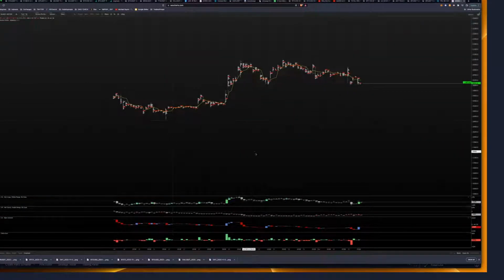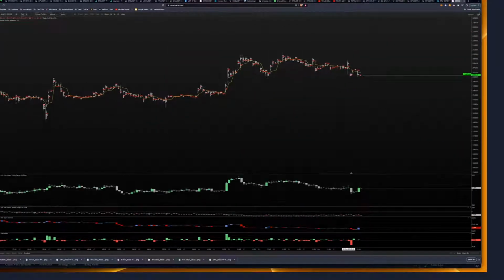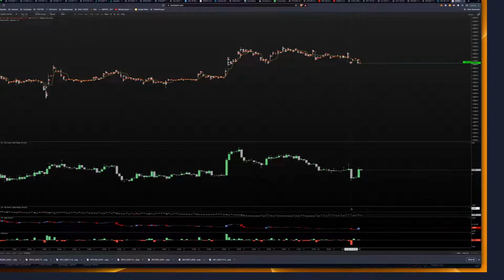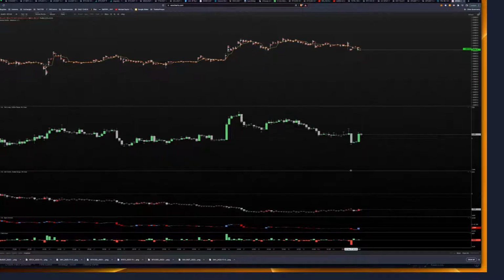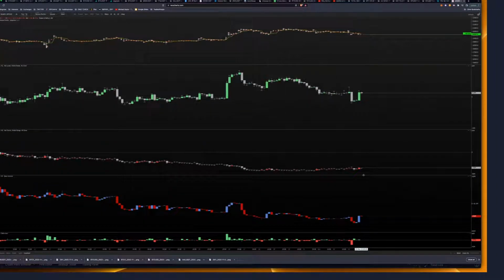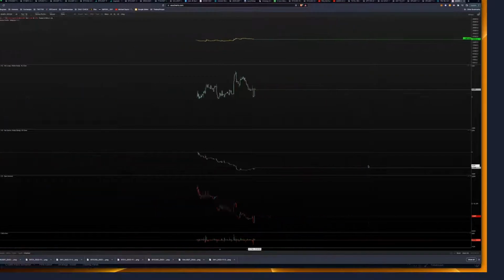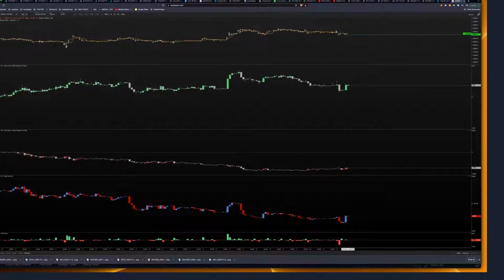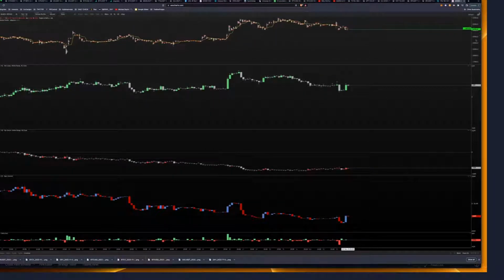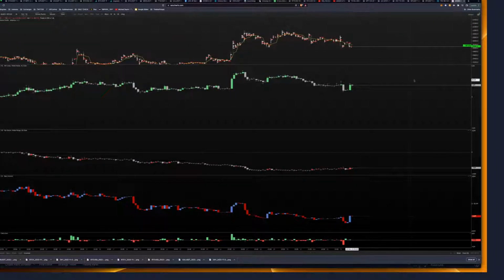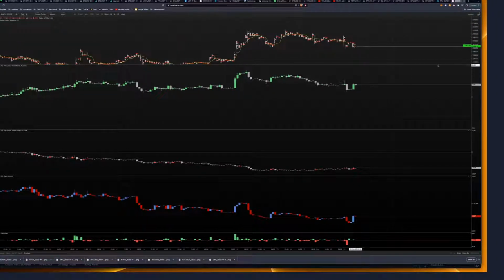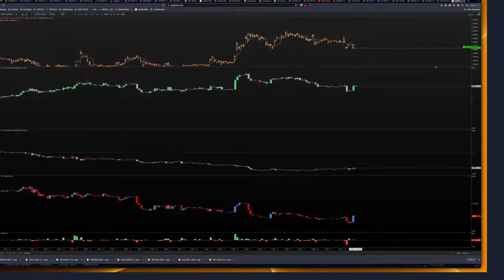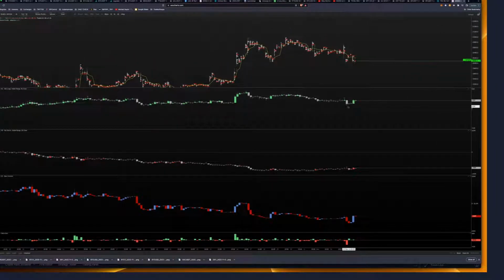So what we'll do is we've got the shorts and the longs. Open interest. Not the best, just a look. So the longs have kicked in.